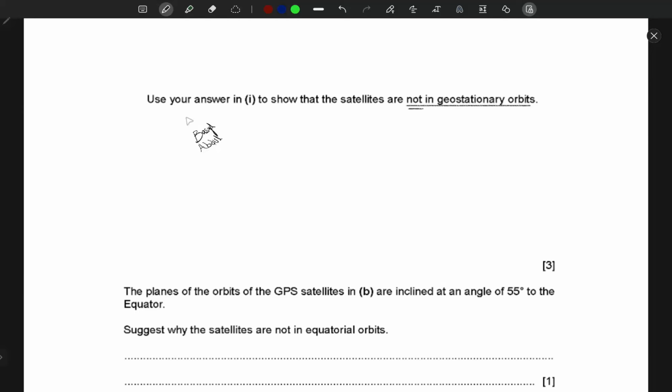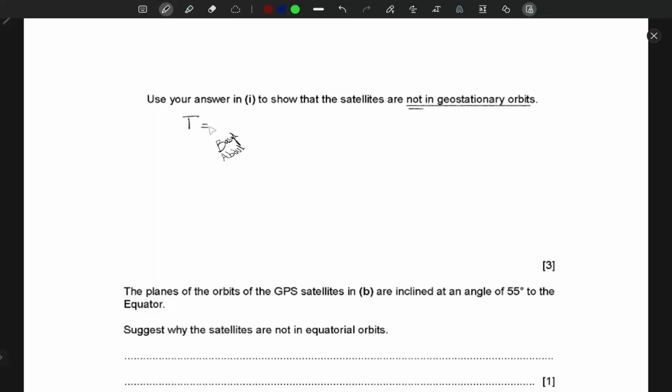If the speed of the satellite is not equal to the speed of Earth revolving. You're saying then it would not be a geostationary orbit. Yeah. So if the speed is not equal, or you could also think in terms of the time period, right?